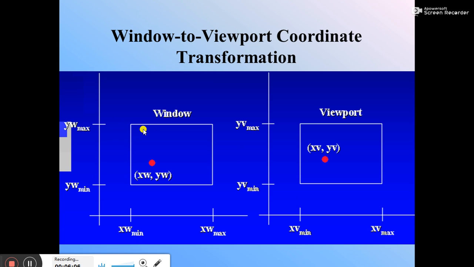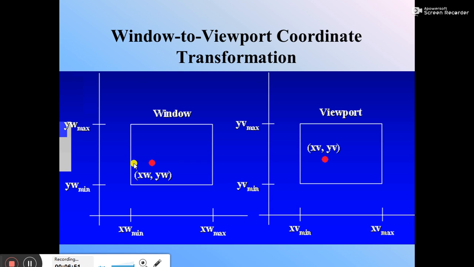Here you can see, suppose this is the world coordinate point xw, yw, and you need to map it to the viewport point xv, yv. Then it follows a certain procedure. The ratio of the distance from the point to the xw min boundary, over the distance between the x boundaries, should be equal to the corresponding ratio in the viewport, in the x direction.